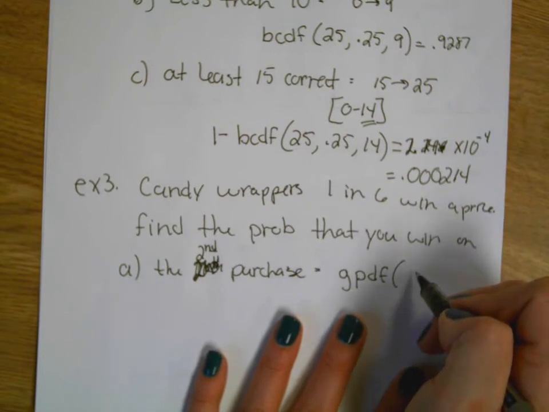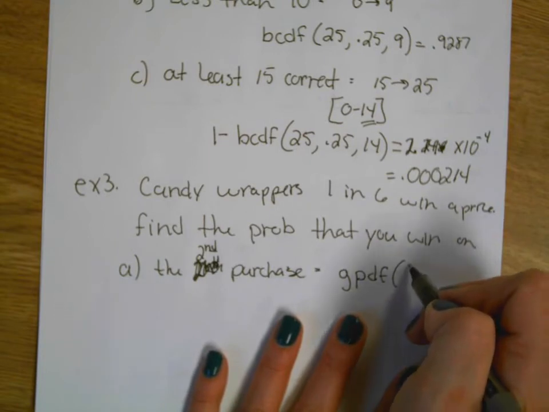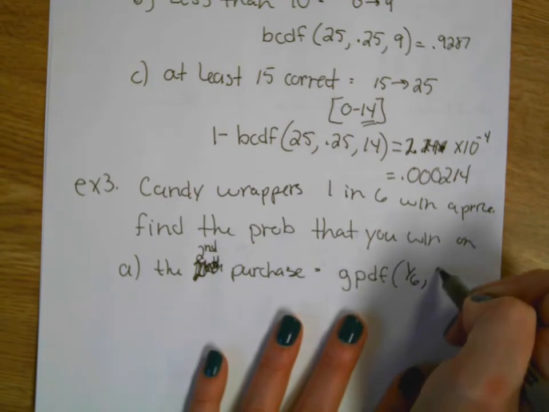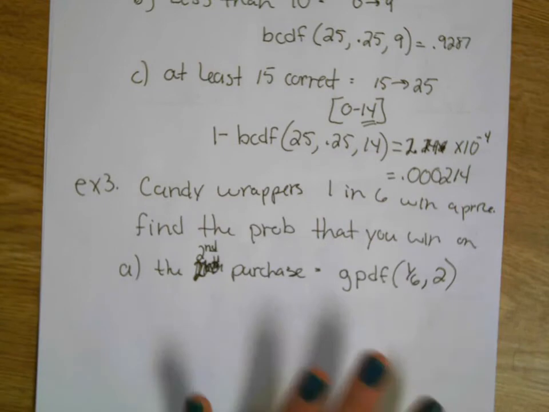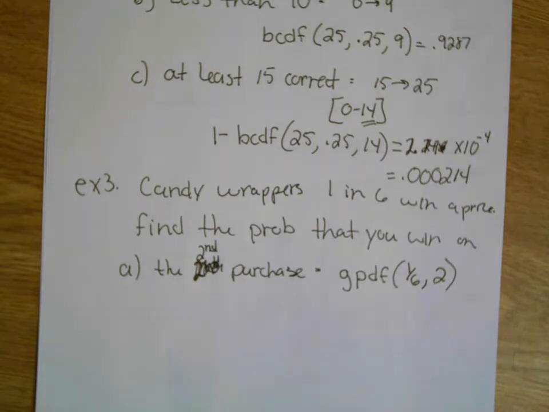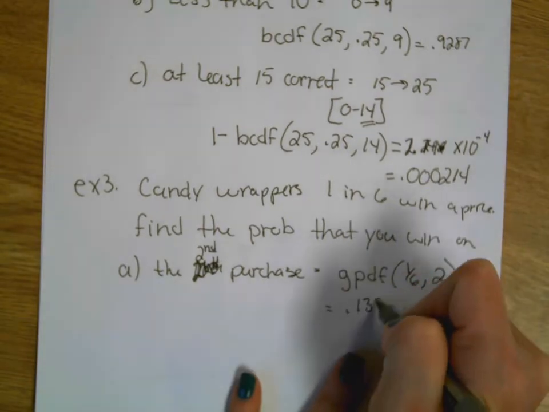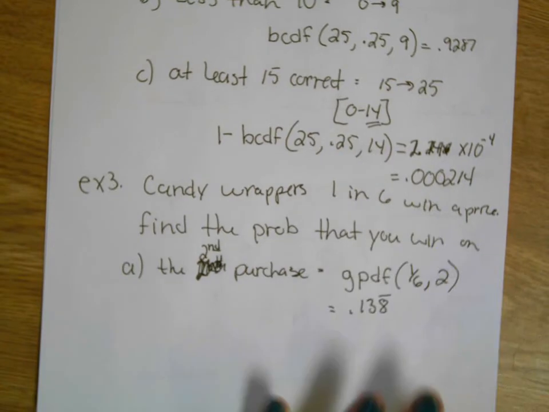What's the probability of success? 1 in 6, so 1/6. And we are looking for the second trial. You could type in 1/6 in there. It's 0.138 with the 8 repeating.